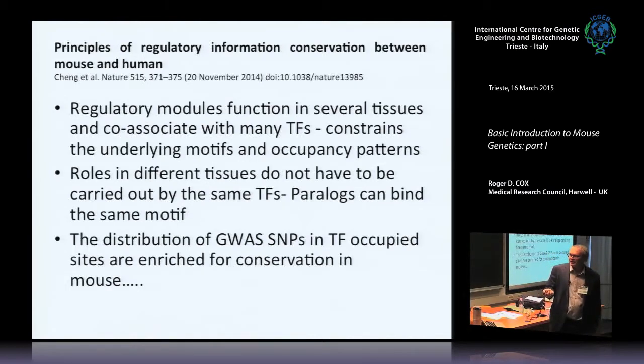They found that the distribution of the polymorphisms in the DNA that mark these genes are quite conserved between mouse and human. So that supports the use of the mouse as a model for modeling those sorts of genes.